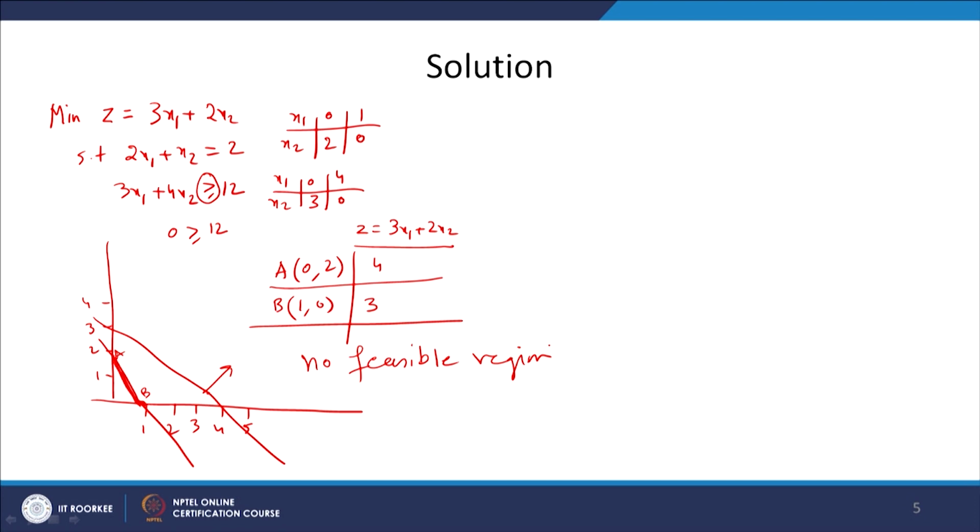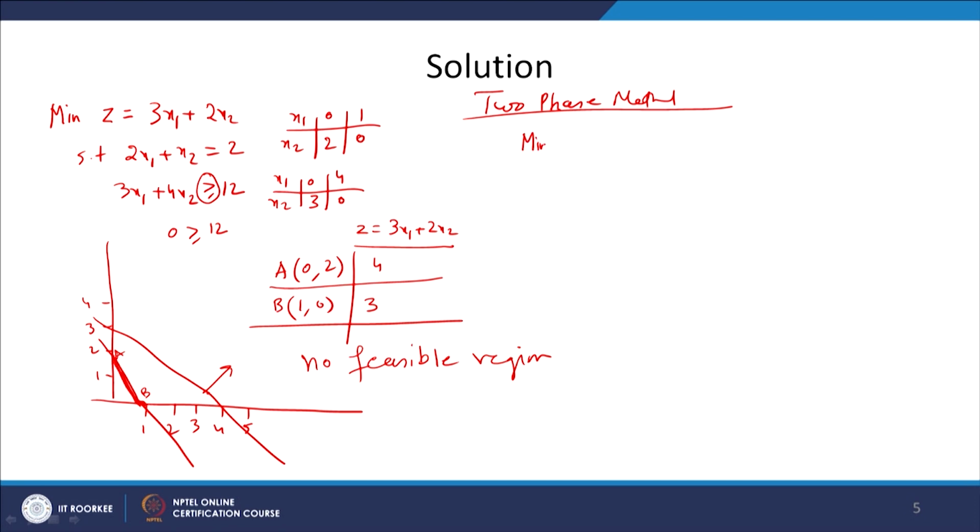verify that this has to be solved with the help of the two-phase method. So, let us try to solve it using the two-phase method. In the two-phase method, we need to write down the constraints and the objective function in the standard form.